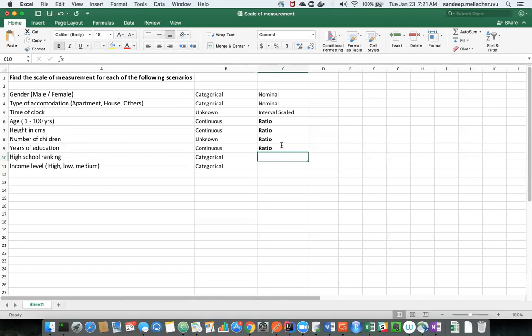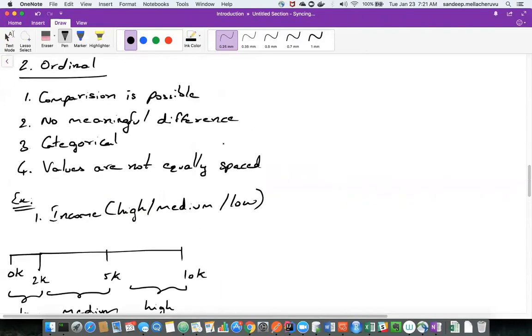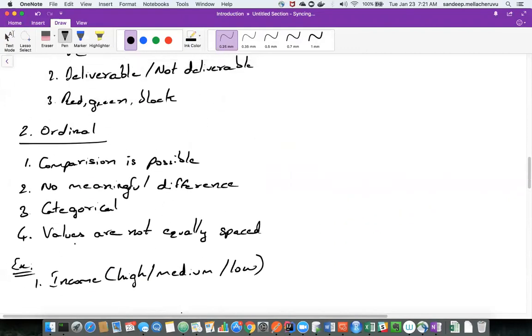Is it ordinal? Yes, this is ordinal. It is ordinal because, let me go back, values are not equally spaced.